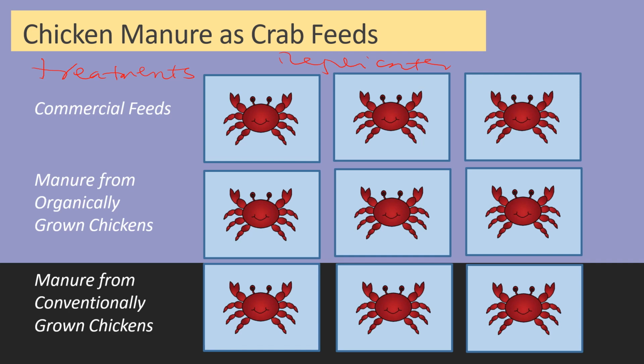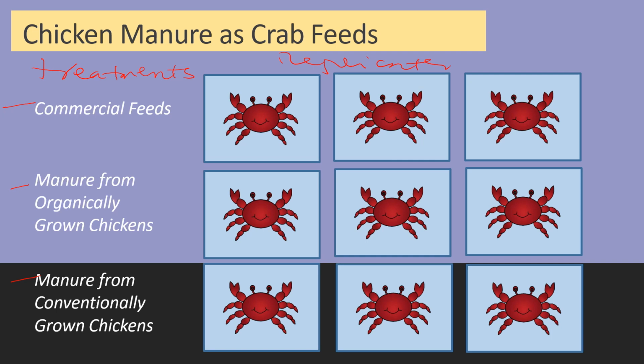Now, if you are asked about chicken manure as crab feeds, our experimental unit is the crab. Now, what are the levels or the treatments? We have the commercial feeds, we have the manure from organically grown chicken, and we have the manure from conventionally grown chickens.